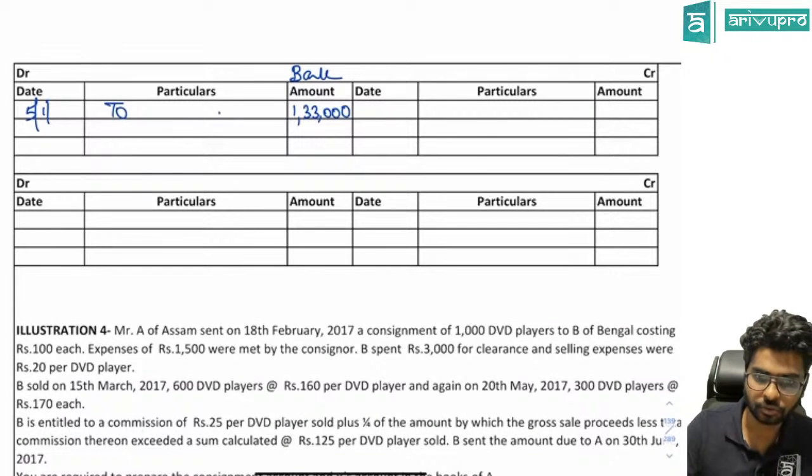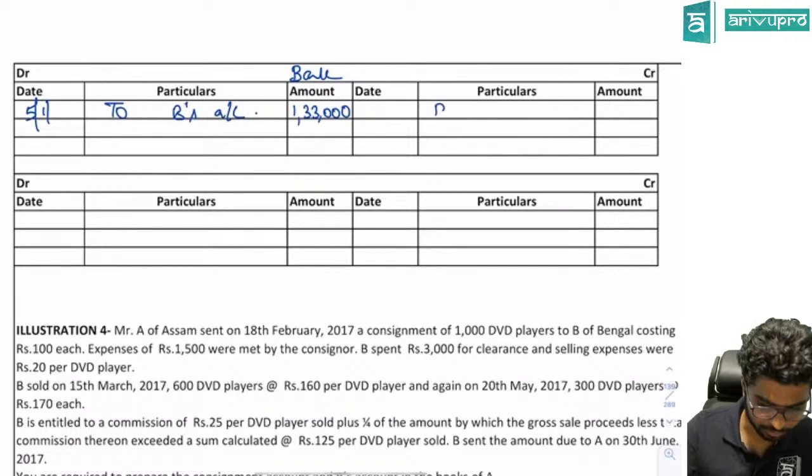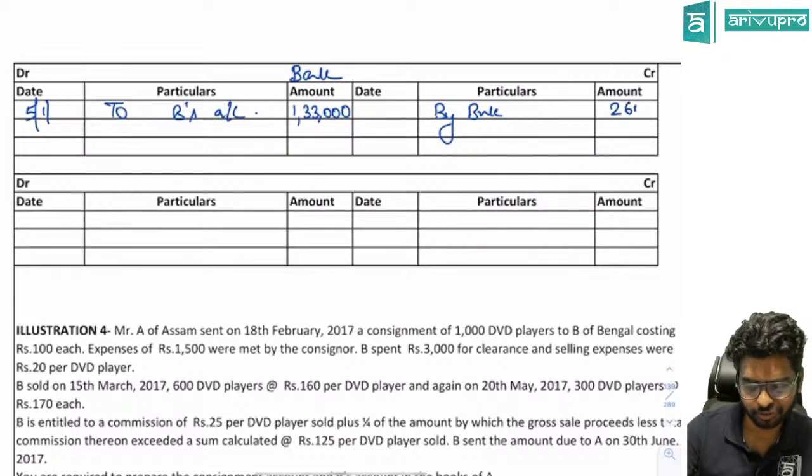Bank to B's account 1,33,000. But there are bank charges. This is not important for your exam. I'm just doing it on Jan 5th. So the final balance received is 132,740. Guys, not required, so don't break your head.